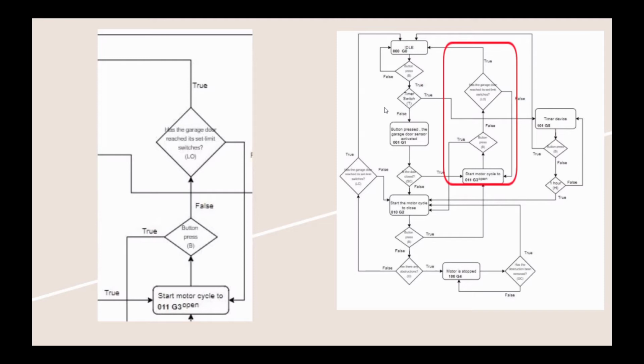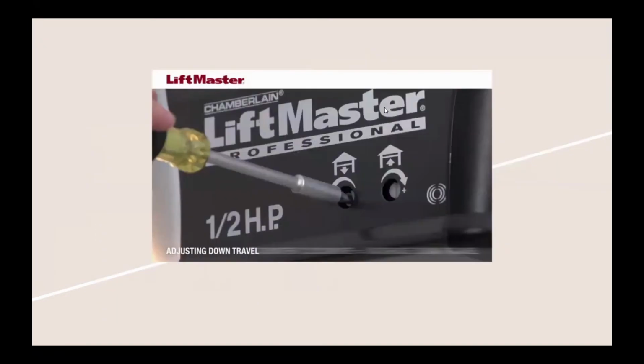Although, unless you're a professional garage door installer, it's not recommended that you mess with those, because they are preset for the most part to make sure that the garage door doesn't open too much or keep going once it's closed. I'm just going to skip ahead and then go back to this slide to show you guys what it looks like on a LiftMaster. Right there, we can see that this user is changing their limit switch, but again, it's not advised for safety reasons, obviously, unless you're a professional.